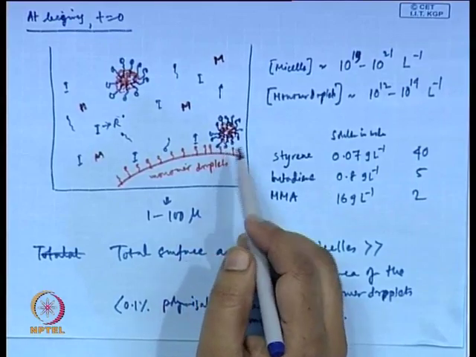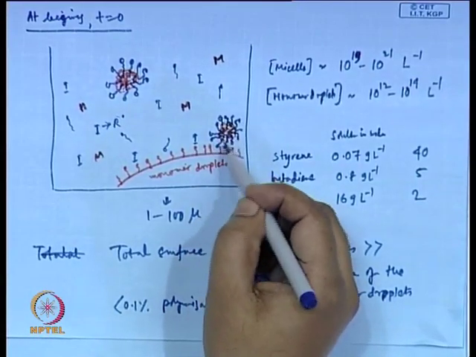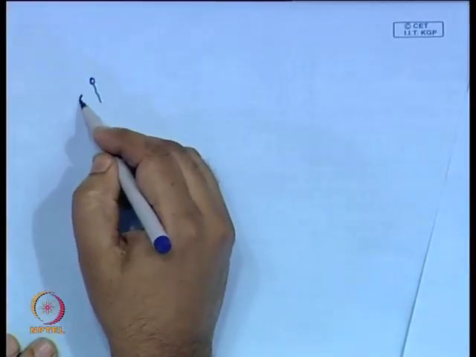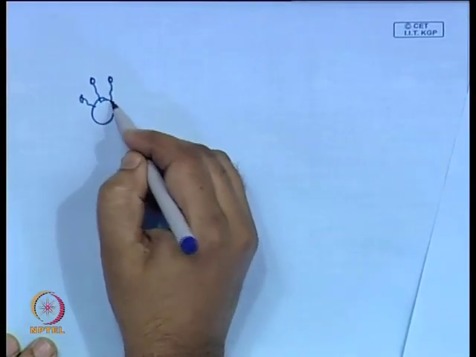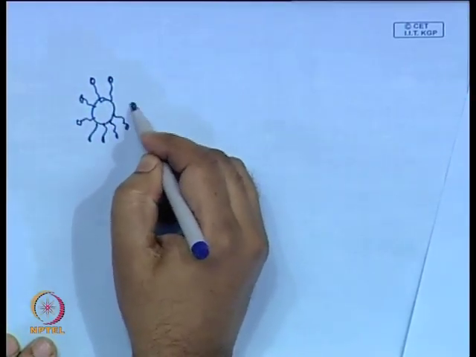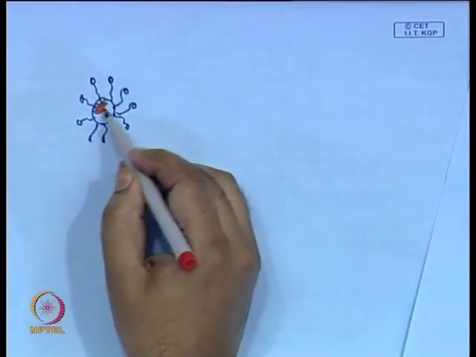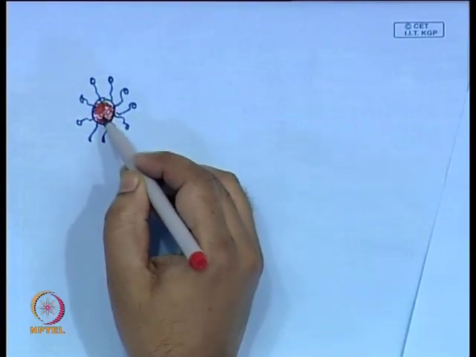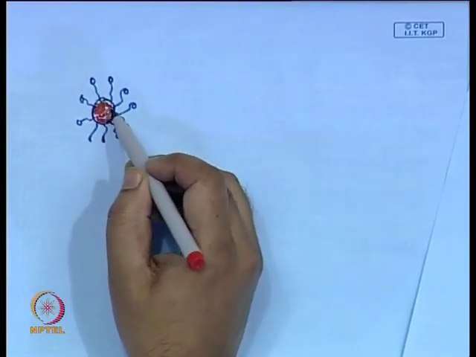So, slowly this micelle core will become something like this, larger. After some time you have a polymer particle, which contains polymer and free monomer, and your surfactant micelle grows in size.